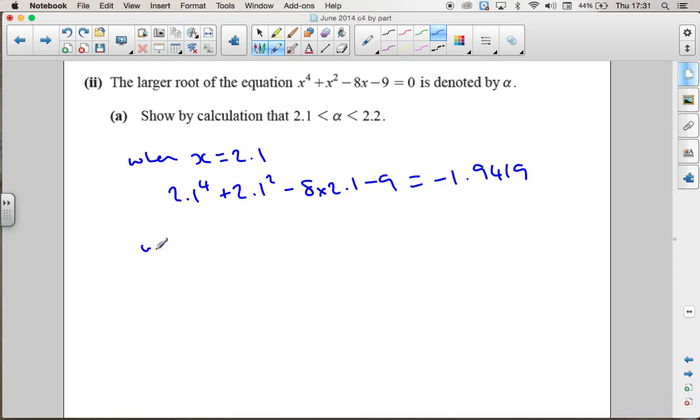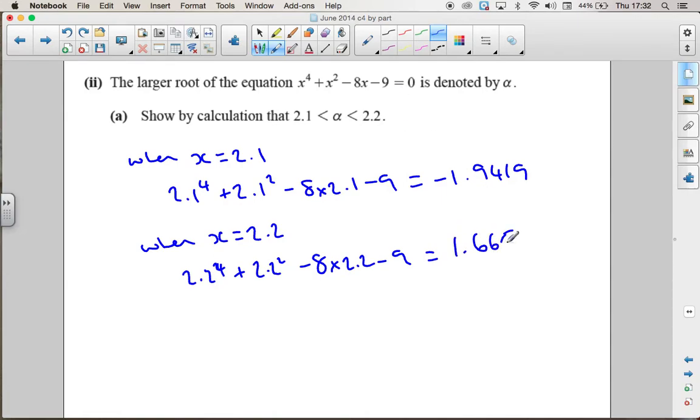So I'm hoping that when I put 2.2 in, I'm hoping for a positive number. Unfortunately, I get 1.6656.